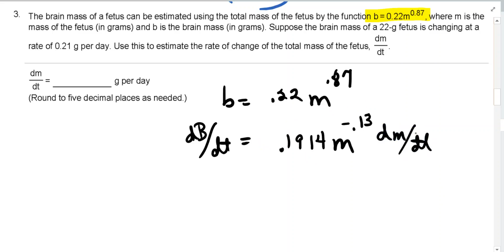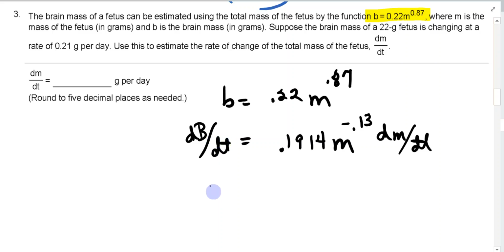All right. So what were we given in our problem? We were given that the brain mass is changing at a rate of 0.21 grams per day. So that is here. That's the brain mass.